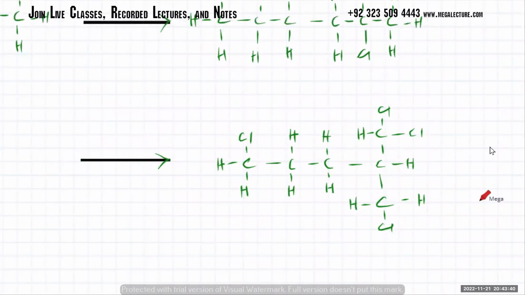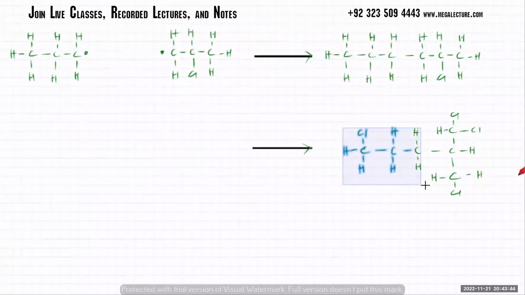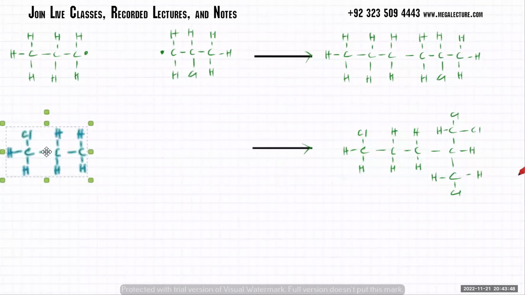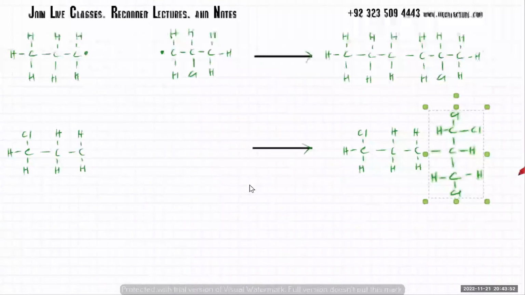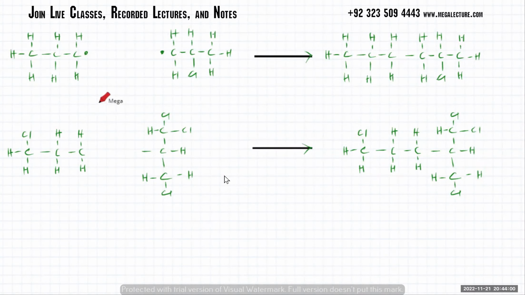Okay, remember this will form because it's still two propanes. If I cut this out, it is basically two propanes where on one side the free radical was the carbon atom at the end, and in the other one the free radical was the carbon in the middle.